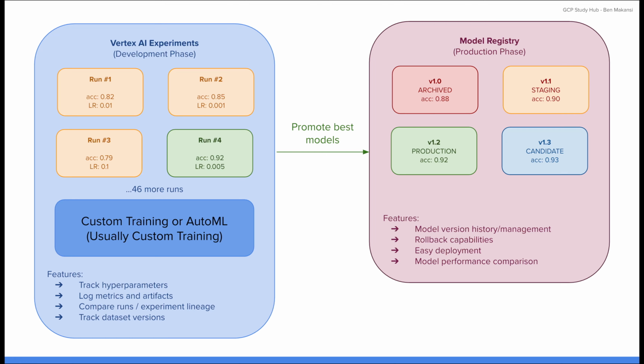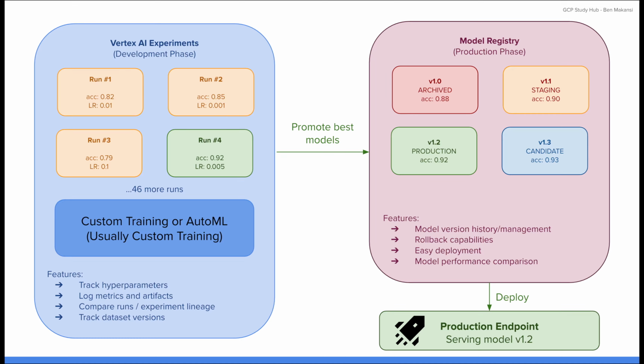So the registry makes it easy to roll back, track changes across versions, and compare performance over time. So these kind of go hand in hand, at least once you find a model through experiments that you want to promote.